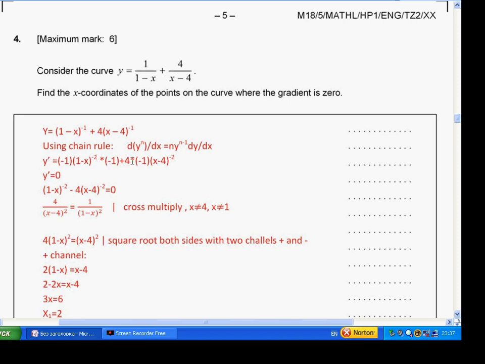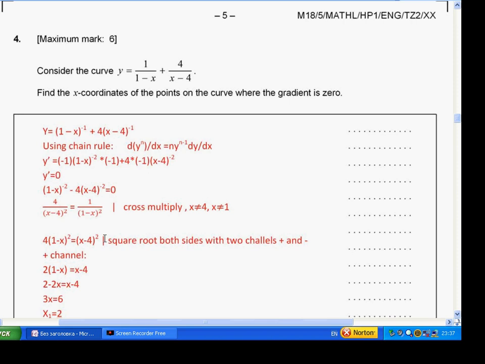The second term is the same story. We have coefficient 4, but the derivative of x minus 4 is positive, so we don't have minus 1. So we equate this derivative to 0. We have an equation. Now we write it in fraction form and cross multiply.